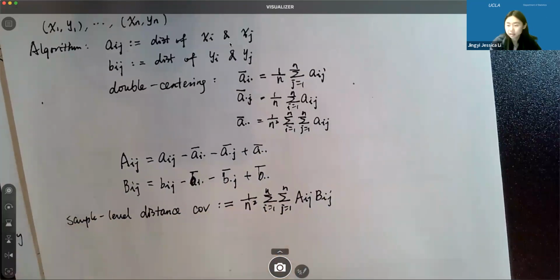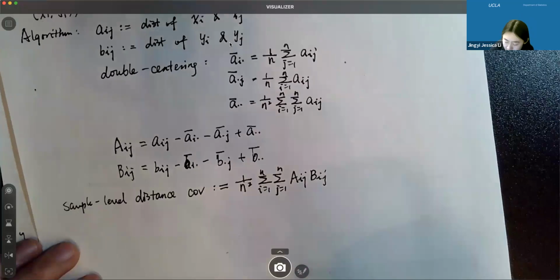That's it. They define this as the product of the double-centered distances from the two spaces. Since we're doing the double centering, we don't need to subtract the mean in our covariance definition. Covariance is usually defined as the expectation of the cross product, where you need to subtract the mean, but here we don't need to, since we have done the centering. So that's the covariance.